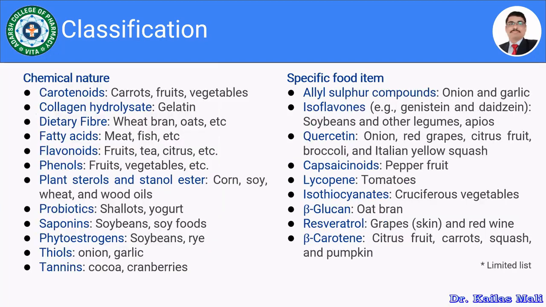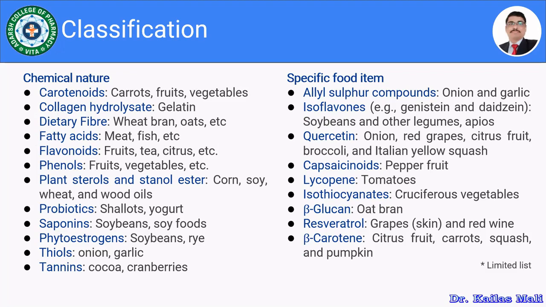Let us see the chemical nature of the ingredients which are present in the nutraceuticals, how the nutraceuticals are going to be classified. So according to their chemical nature, furthermore, the nutraceuticals are going to be classified as carotenoids, collagen hydrolysate, dietary fibers, fatty acids, flavonoids, phenols, plant sterols and stanol esters, probiotics, saponins, phytoestrogens, thiols, and tannins.